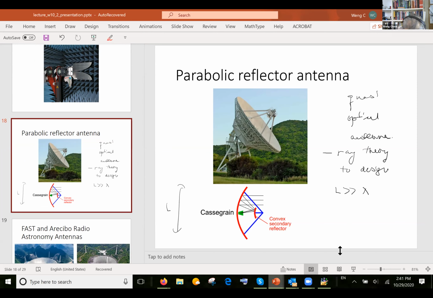The advantage of this is that it has very high directivity. We studied the concept of directivity. This antenna will have very high directivity because we essentially focus the energy of the electromagnetic radiation forward. So it's very good for radio astronomy.